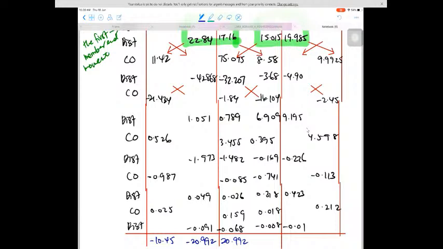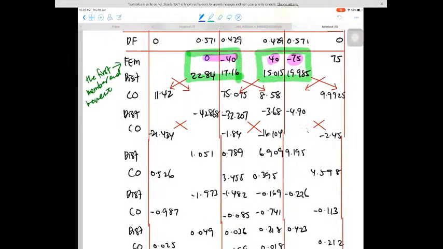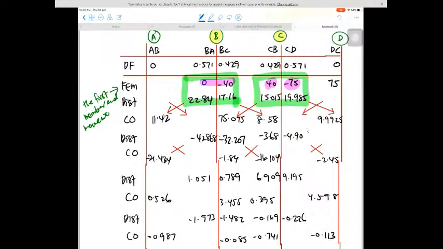So it is 50.533. Okay, for CD we check whether we get the negative value.